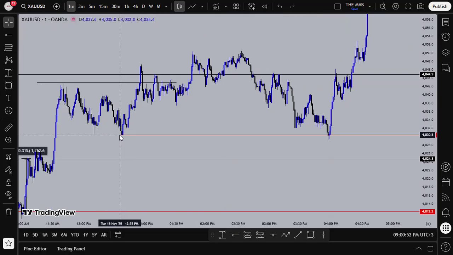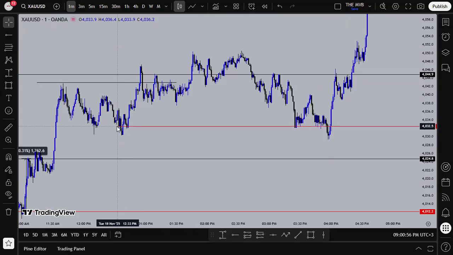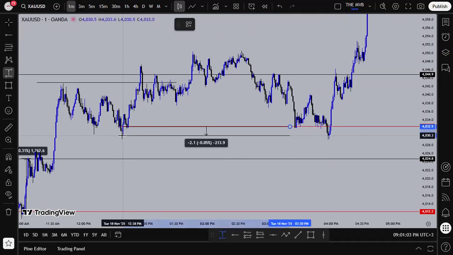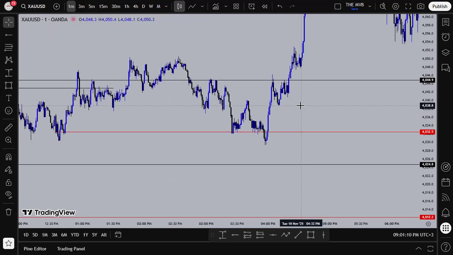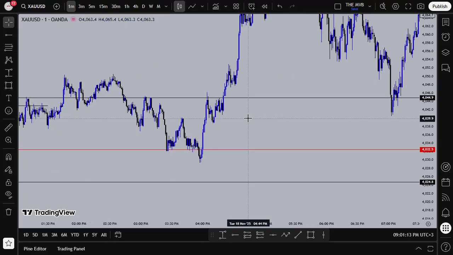Okay, below this low. For those who entered this point here, maybe a liquidity engineering, the stop loss, we could hit the stop loss. For example, if we measure from here, it was 20 pips. So we could hit a stop loss, but we could recover it later.